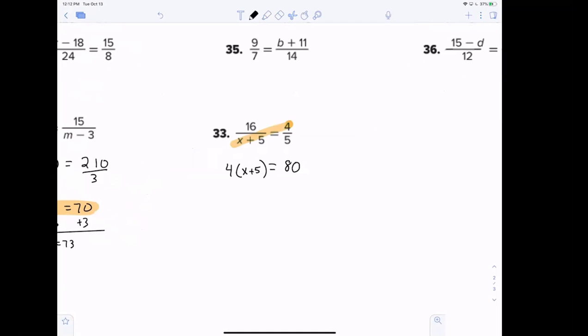Everybody has to do that. Now after you cross multiply, you do what, Luca? That's right, so we're going to divide by 4. So x plus 5 equals what? Now what do I do? How do I get rid of plus 5?